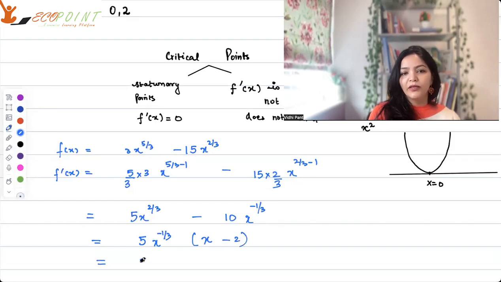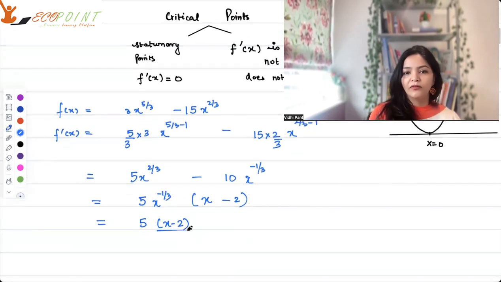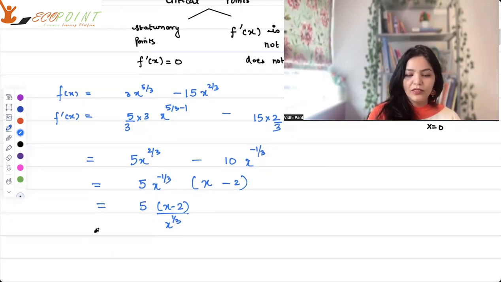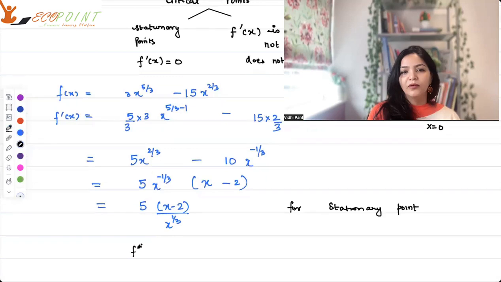In other words, what you get as f dash x is 5 times x minus 2 upon x to the power 1 by 3. Now, when is this equal to 0? If you put this equal to 0, you get your stationary point. So for stationary point, put f dash x equals 0, and you get that x should be equal to 2.